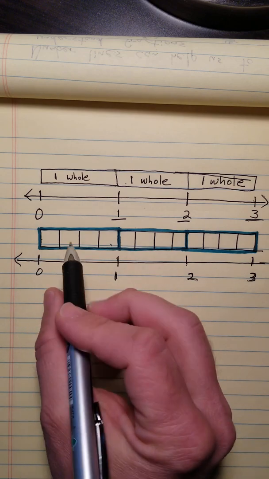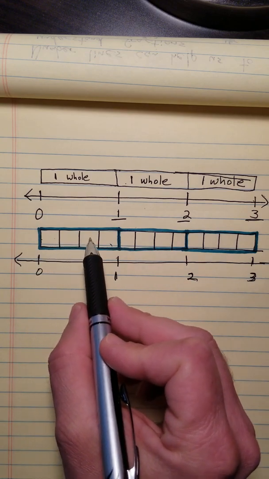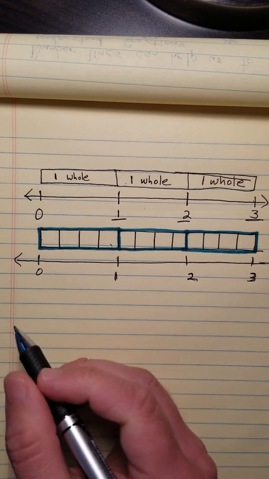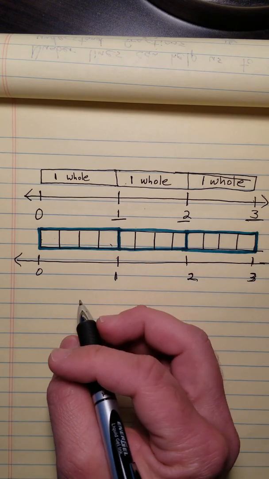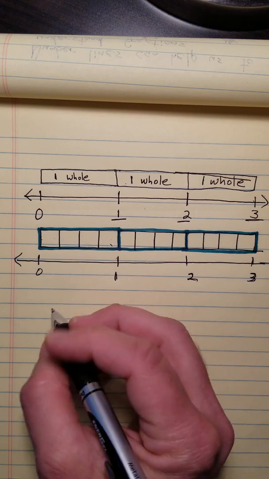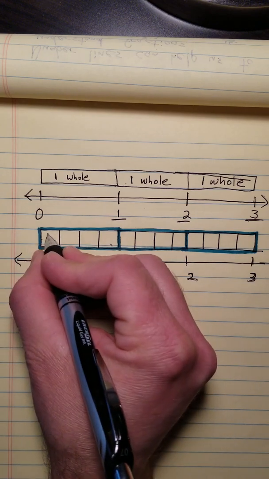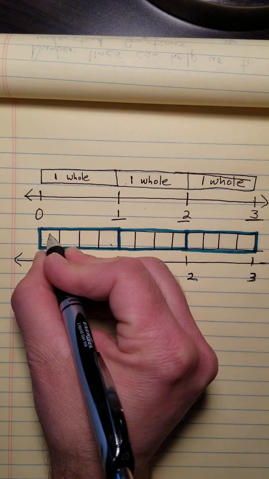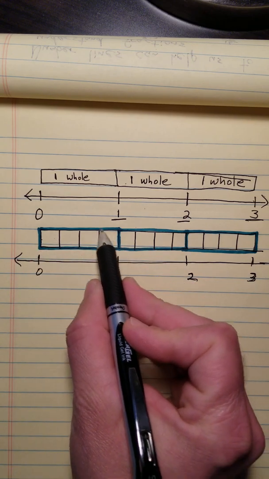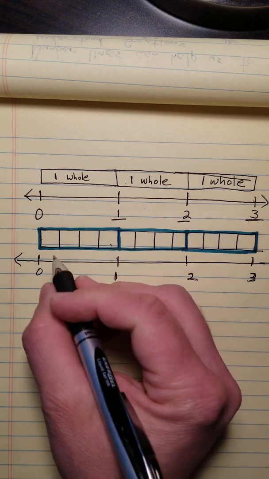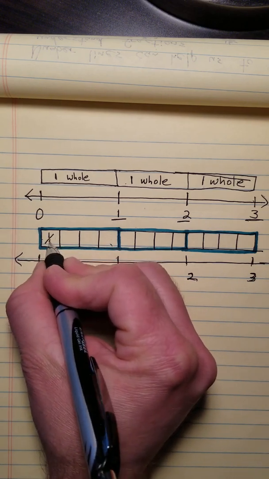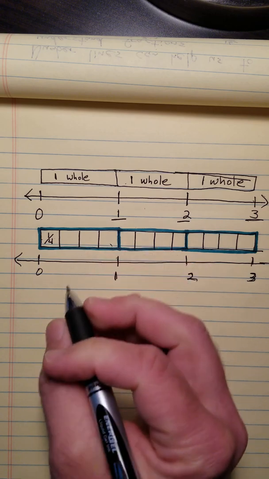So let's label each part of these with the unit fraction. All right. So unit fraction is, because each whole is divided into 4 equal parts, each unit fraction is 1/4.